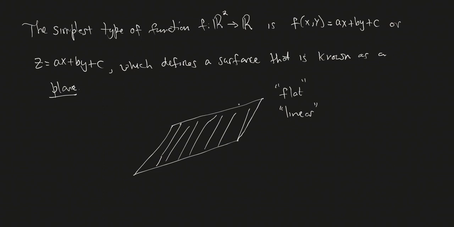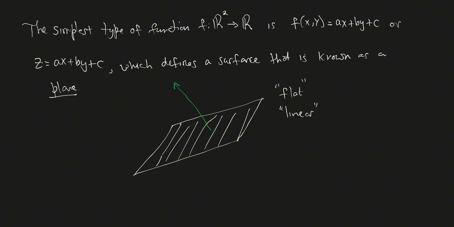So how do we describe this mathematically? How do we go from this flat concept to an equation that looks like this? Well, what's interesting is if I take a vector that is normal or orthogonal or perpendicular to this flat surface, it would look kind of like that.